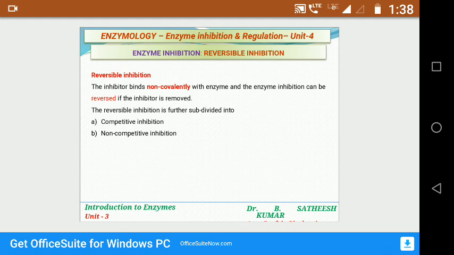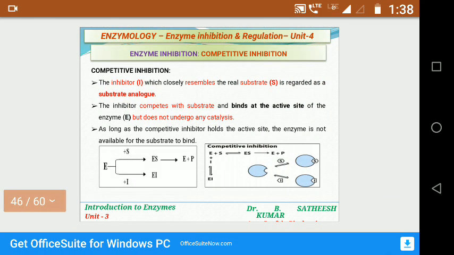So the interaction between the enzyme and its reversible inhibitor is by non-covalent interactions. This reversible inhibition is also subdivided into two more categories. First one is competitive inhibition and second one is non-competitive inhibition.